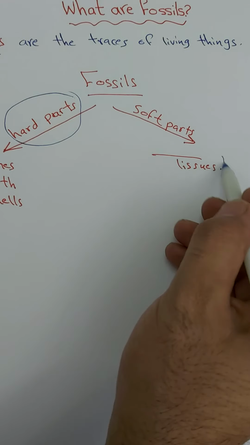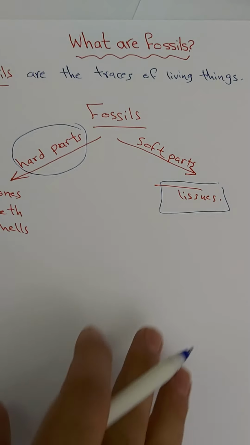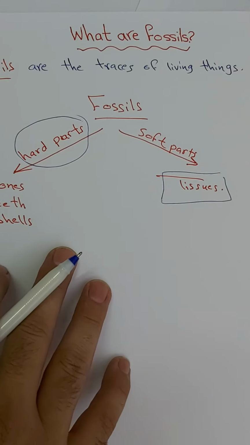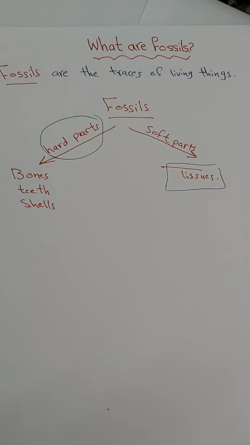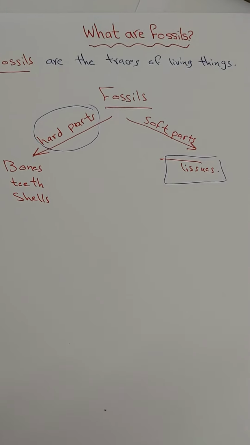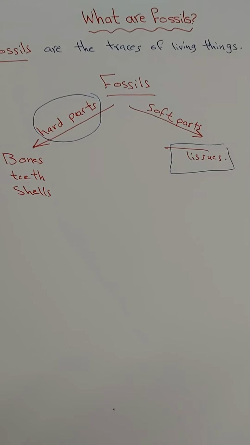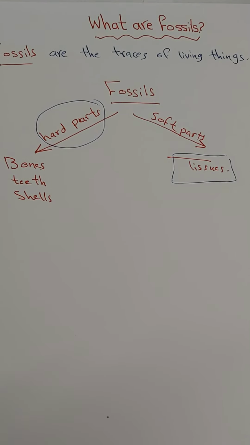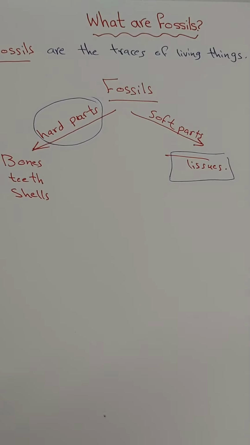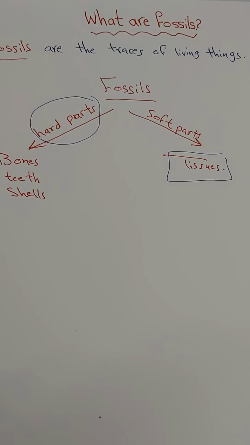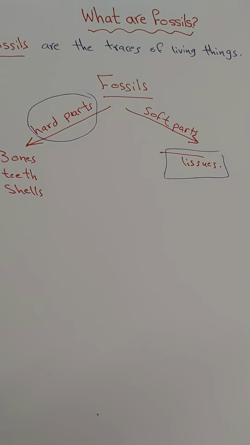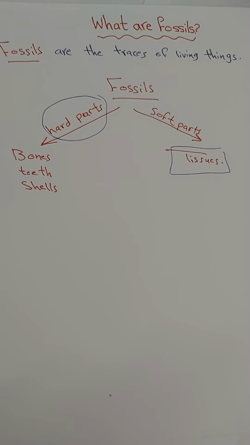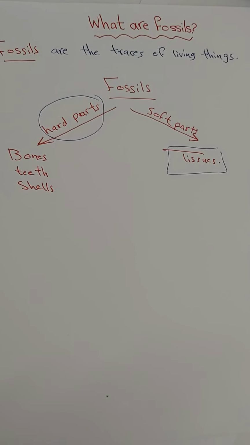If you want to put something and this thing will not decompose, you have to put it in a freezer, okay? So frozen dead living things. Maybe we can find the tissues of soft parts, or the baby inside the mother's body. Maybe we can find a fossil of soft parts here.